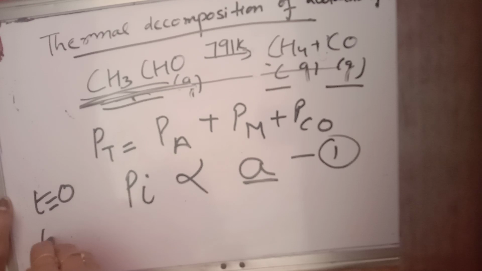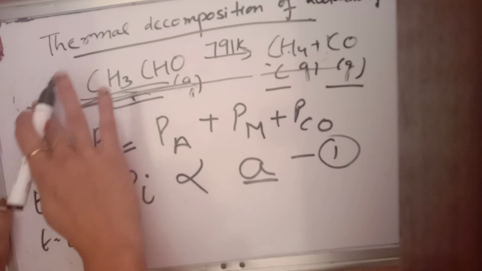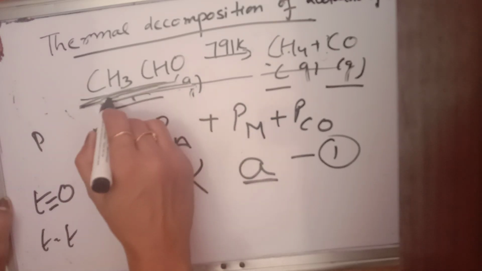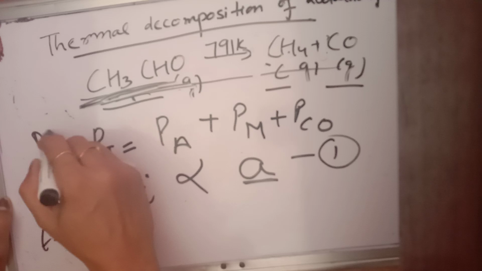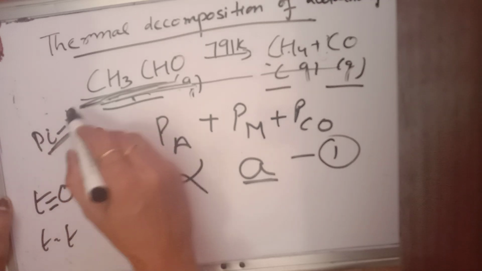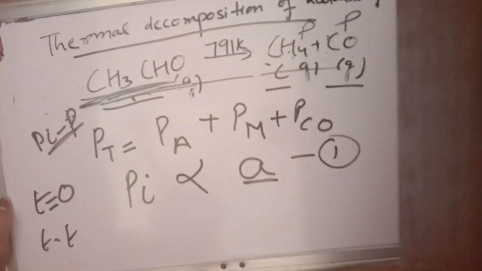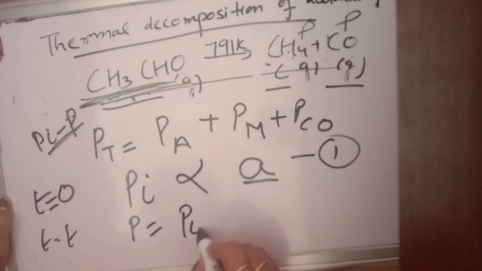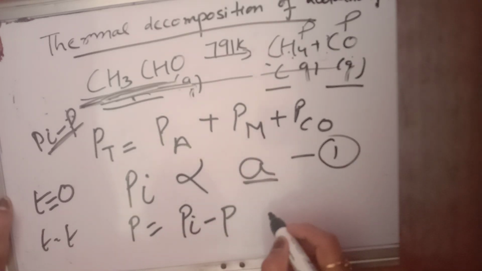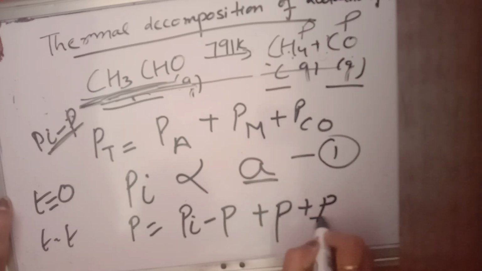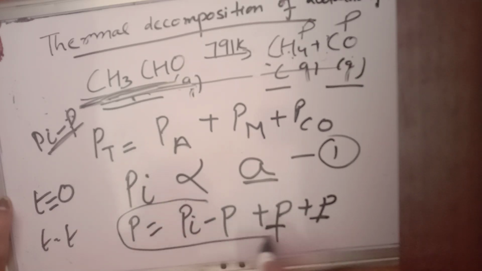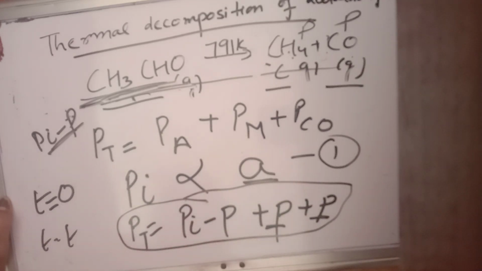Now after time t, P amount of pressure has reacted, so acetaldehyde pressure will be Pi minus P, because P pressure has been converted into methane and CO, and the pressure of methane will be P and CO will be P. So at time t, the pressure is Pi minus P plus P plus P. Pt will be equal to this.